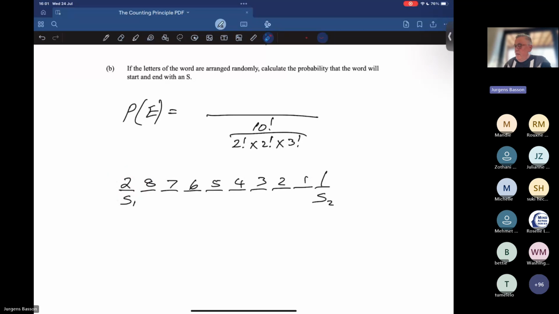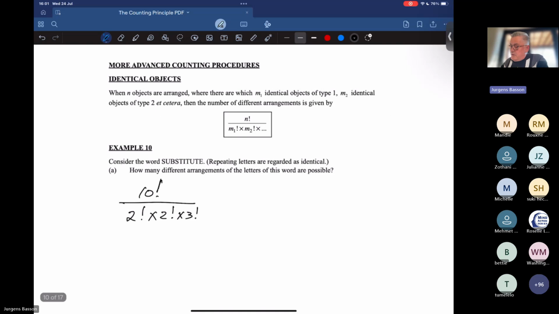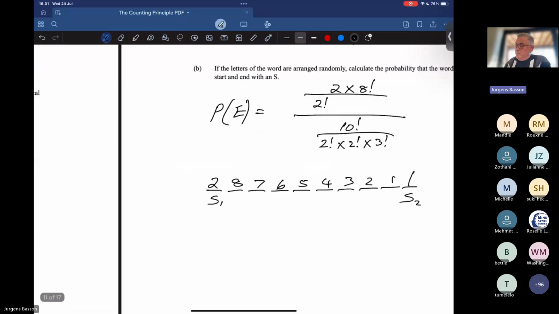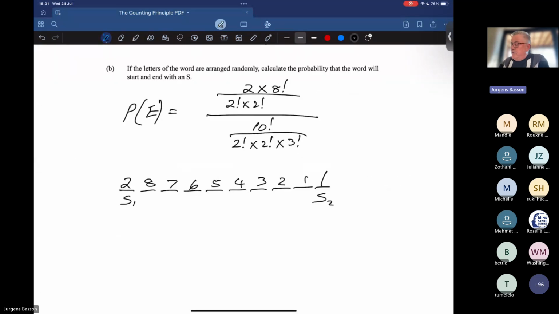So that means what we need to do is we need to say that this is 2 times 8 factorial. And now I must also divide with the letters that repeat. Now, the S repeat, which is 2 factorial, then what was the other one? The U that repeat, and that is 2 factorial, and then T that was 3 factorial.